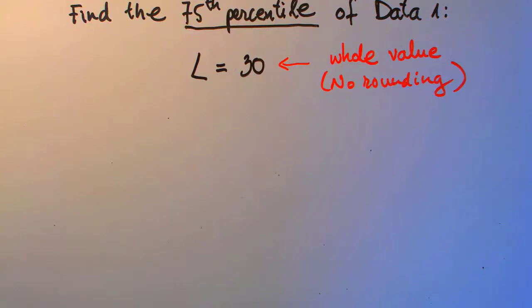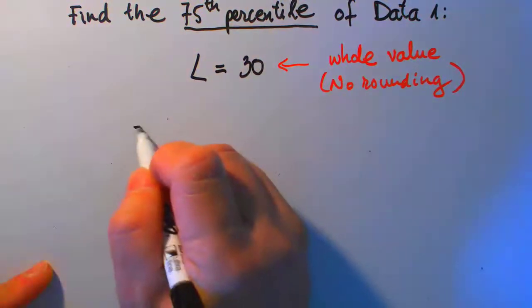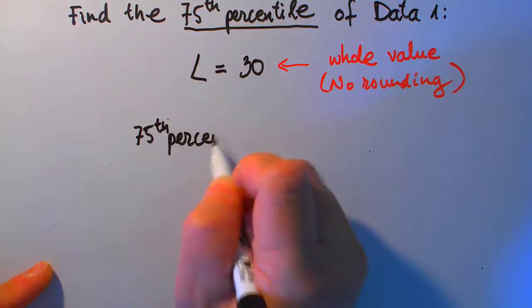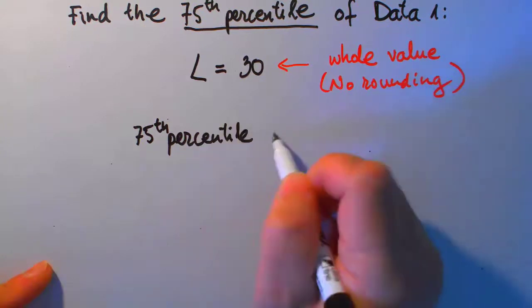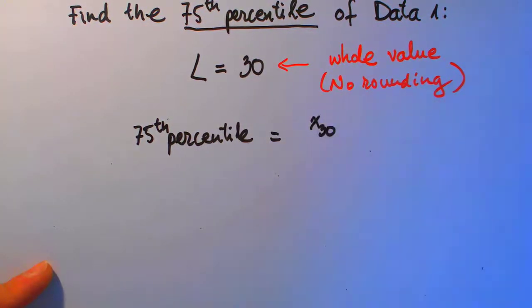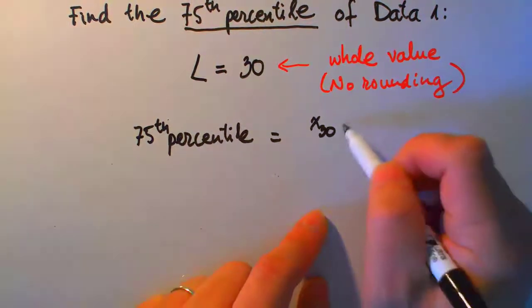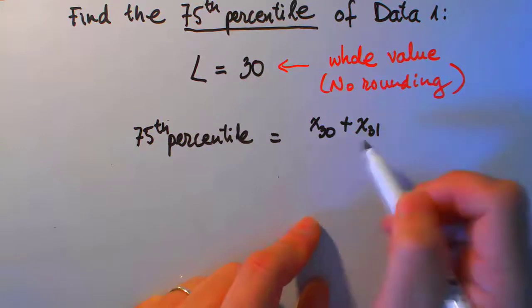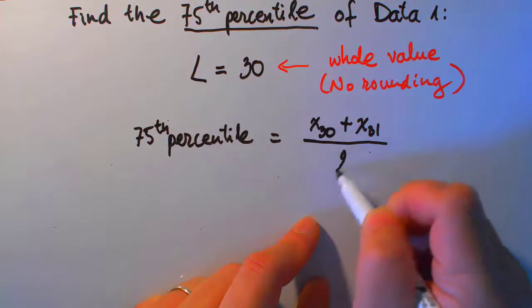And you already had an idea of what to do. So for that 75th percentile, we look for the 30th value on the list, and we look for the 31st value on the list, add up the two values and divide by 2.